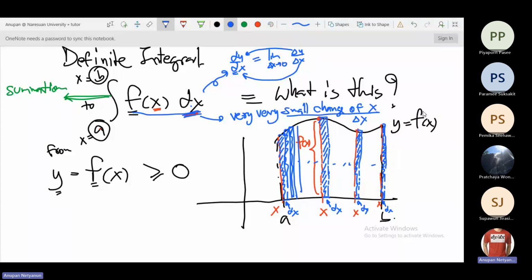You're going to have rectangle, rectangle, rectangle, put next to each other, and you sum up the area of every rectangle together. The outcome is going to be the area under the graph between a and b. So you sum the rectangles for every x from a to b.